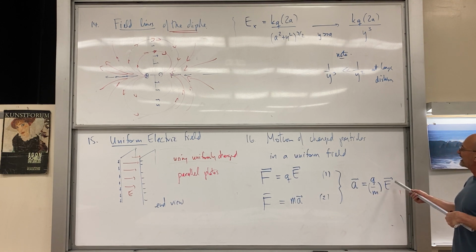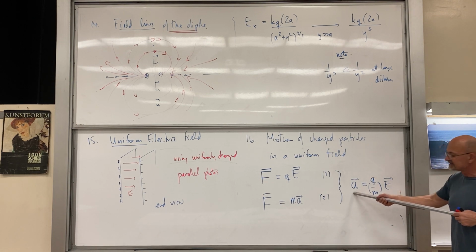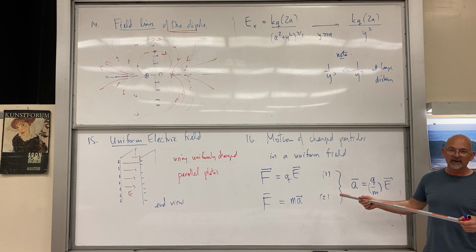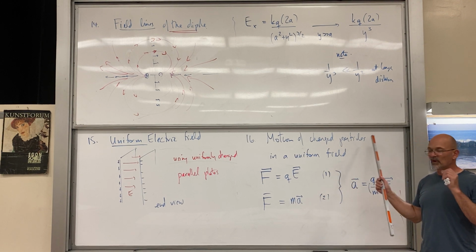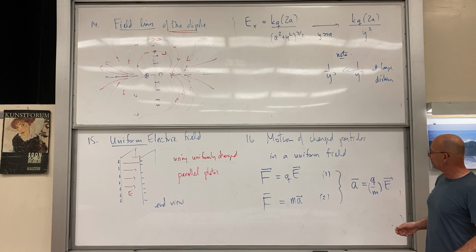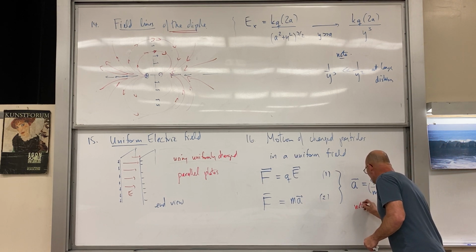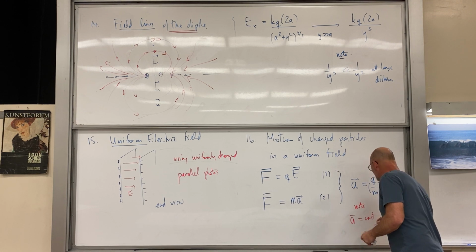If I said I had a uniform field, that means it's a constant field. This is constant acceleration. And we know how to deal with constant acceleration. That was early on in Physics 4A. So constant acceleration is easy to deal with. A is equal to constant.